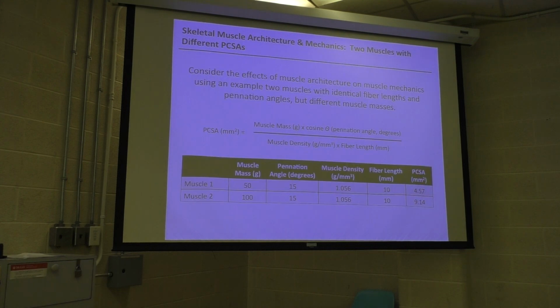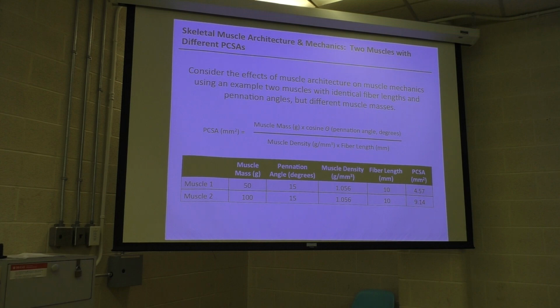Okay, so now we're going to play with the cross-sectional area equation and see how things differ when you start changing things like pennation angle, muscle density, fiber length, and muscle mass, and how that affects the behavior of the muscles.